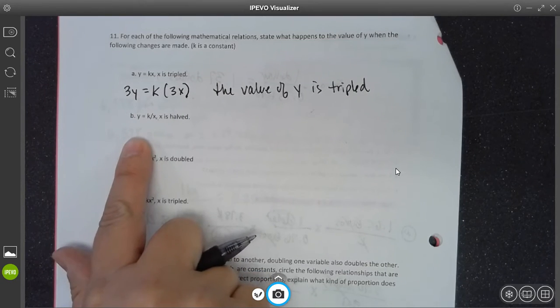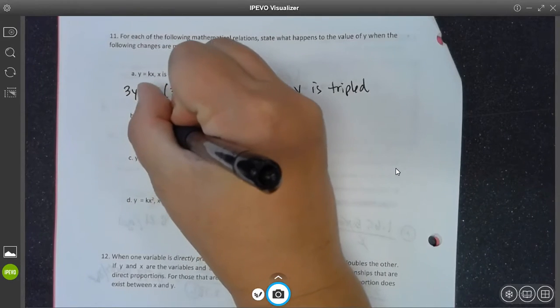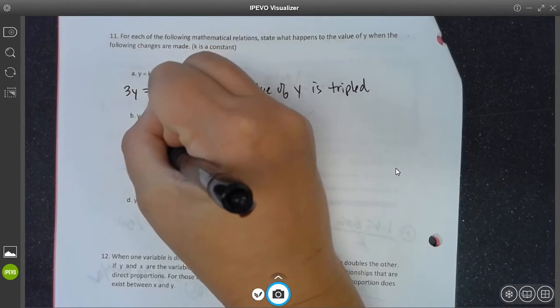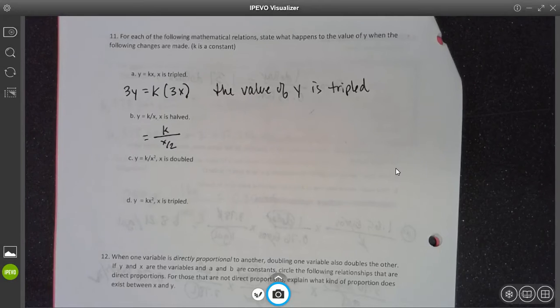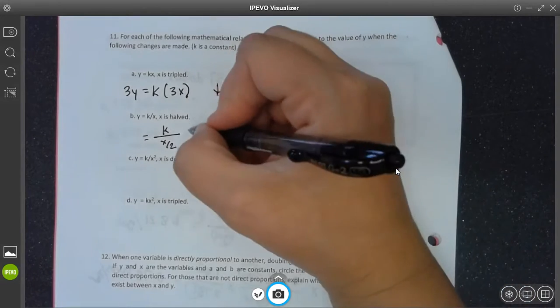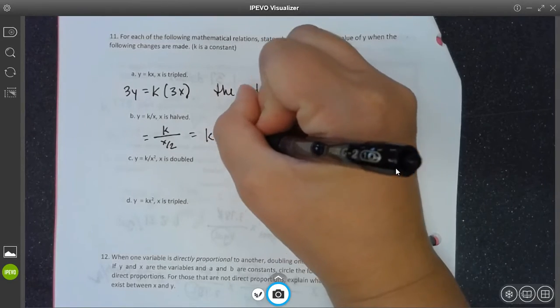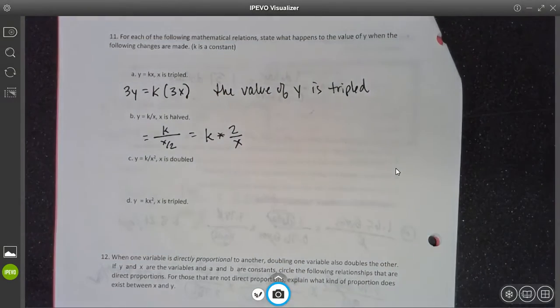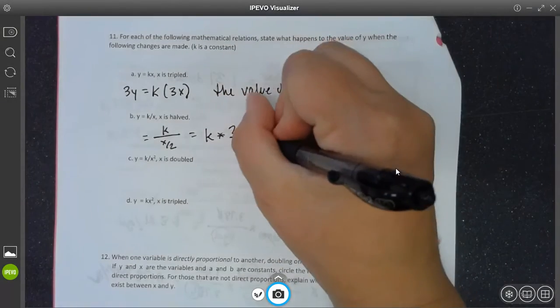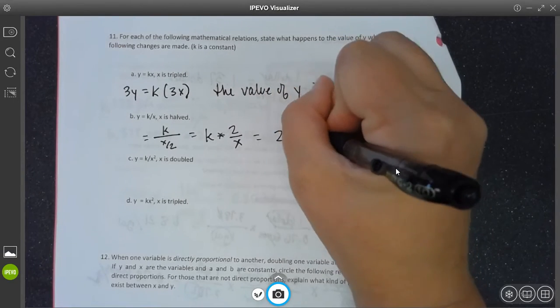For letter B, if x is halved, so it's half as much. This one's tricky. If that has to be x over 2, right? If you divide k by x divided by 2, this is equivalent to k times 2 over x. You guys remember that from algebra? So what we've done here is we have 2 times k over x.